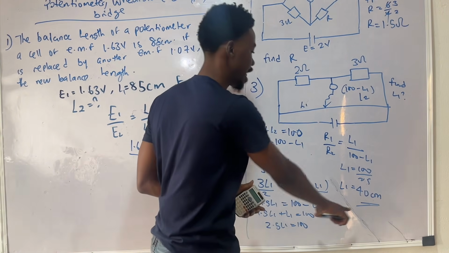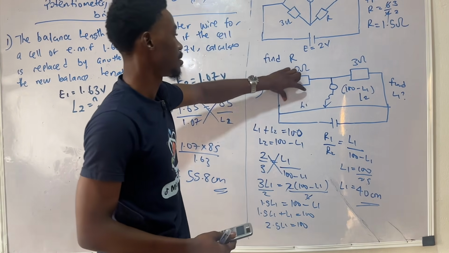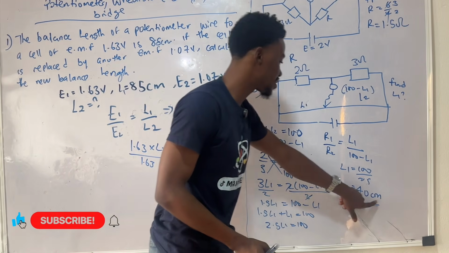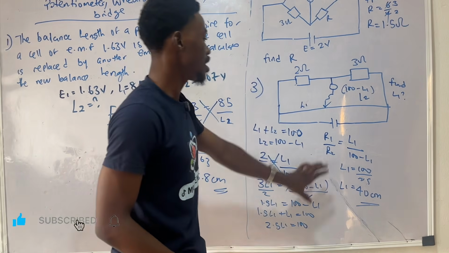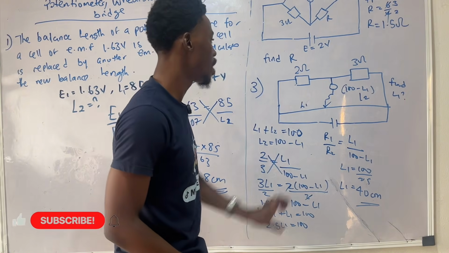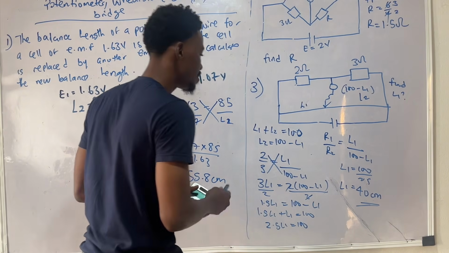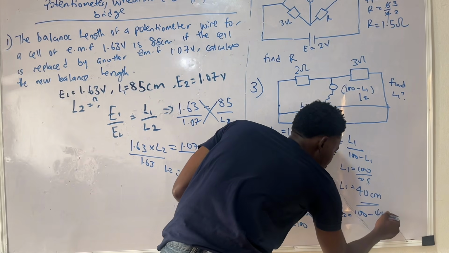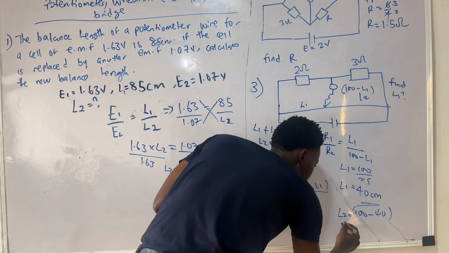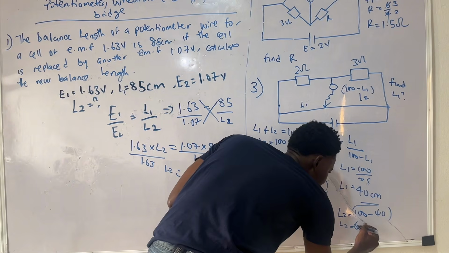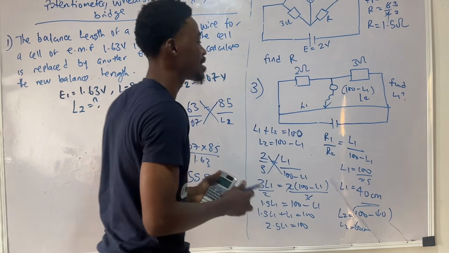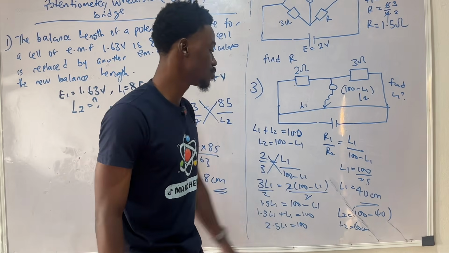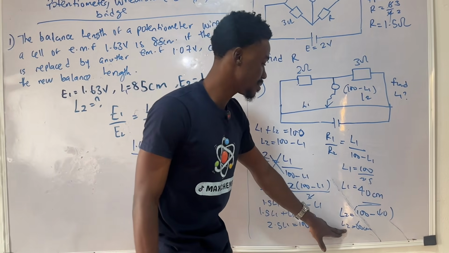So I have my L1, which is the balance length for the resistance 2, to be 40 centimeter. If I wanted to calculate for L2, my L2 would simply be 100 minus 40 centimeter. And that would give me 60 centimeter. So that would mean that my L1 is 40 centimeter and my L2 is 60 centimeter.